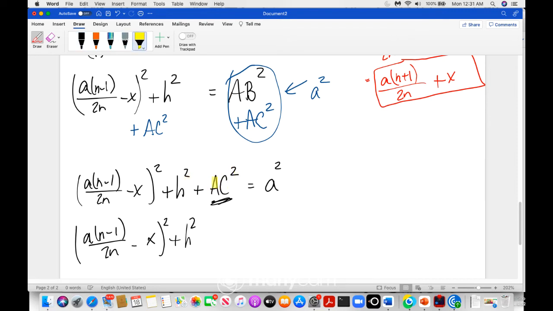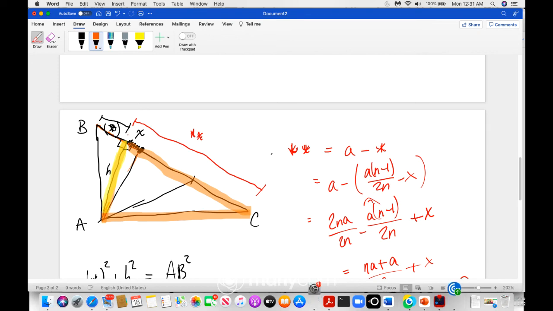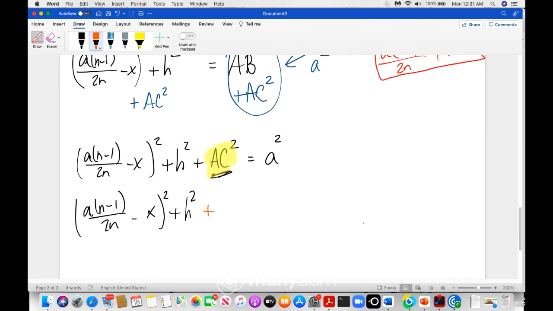so now I'm going to substitute in what that hypotenuse equals, and I'm going to do it in a different color. So that hypotenuse equals the sum of the side lengths squared. Sum of the squares of the side lengths. So h squared plus double star squared. Equals a squared.